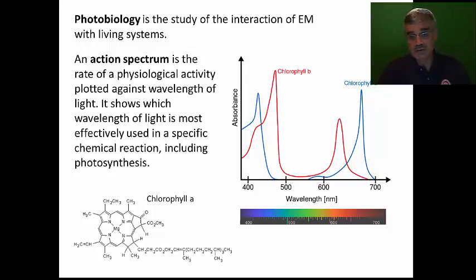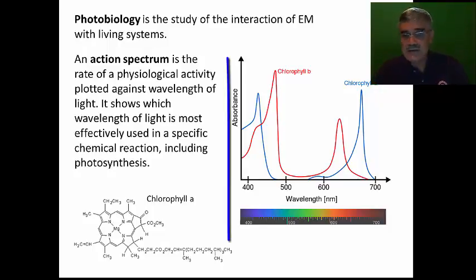It turns out that there are 2 important types of chlorophyll, A and B. And the graph on the right shows what is called an action spectrum. It shows the wavelengths on the x-axis, where the chlorophylls absorb photons in the visible spectrum range, and this absorption of energy then initiates these biochemical reactions.